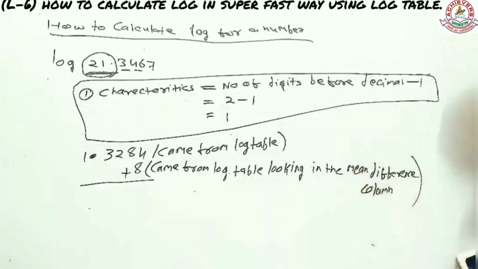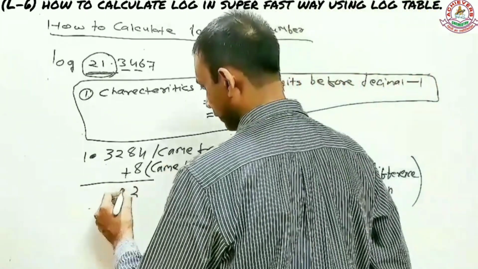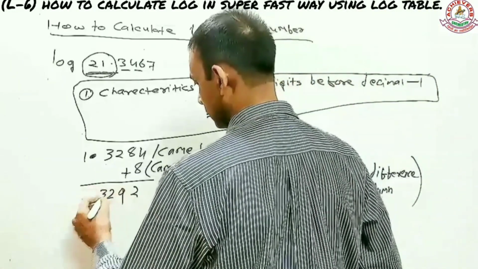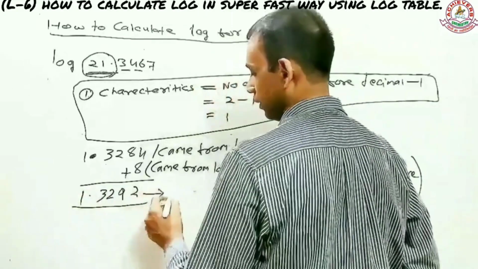These are the 2 things you have to take, and then I will add them. So this is going to be 2, this is going to be 9, and that's going to be 2, that's going to be 3, that's going to be 1. So this is the answer here.